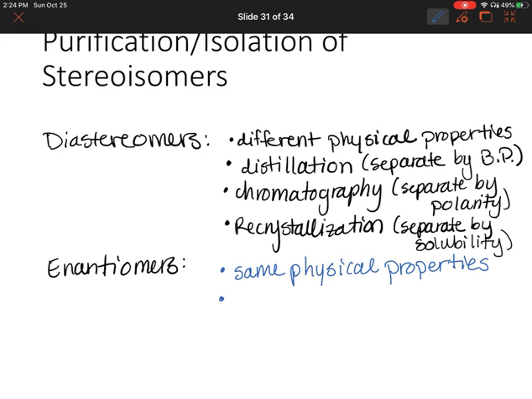In order to separate R and S enantiomers, you could crystallize them. So you could perform crystallization and then separate the two different crystals using tweezers and a microscope.